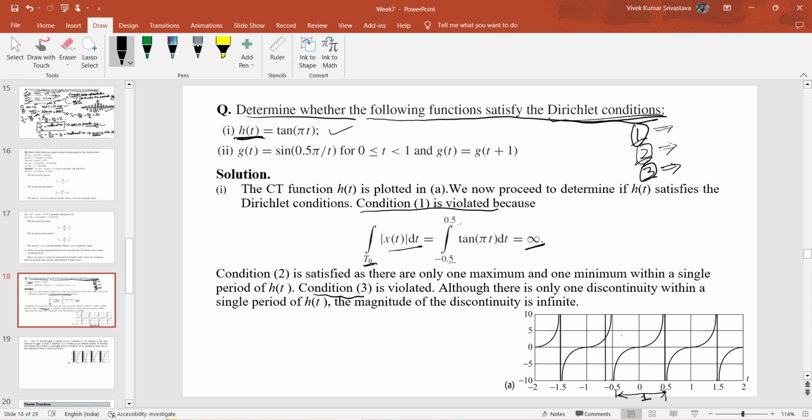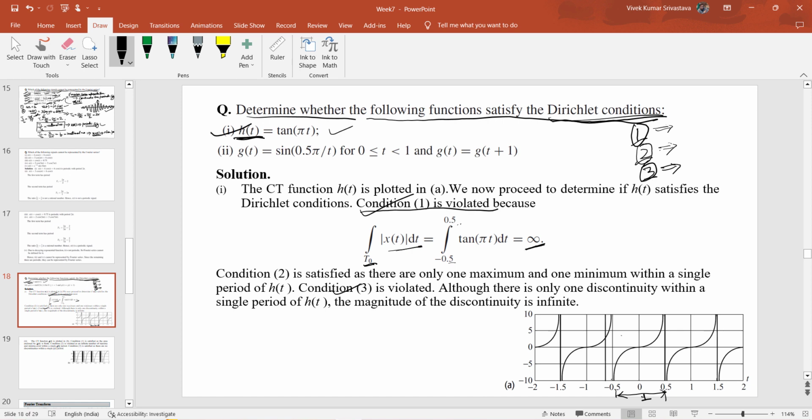So it also violates condition 3. That's why it violates conditions 1 and 3, and the Dirichlet conditions are not satisfied by this h of t.